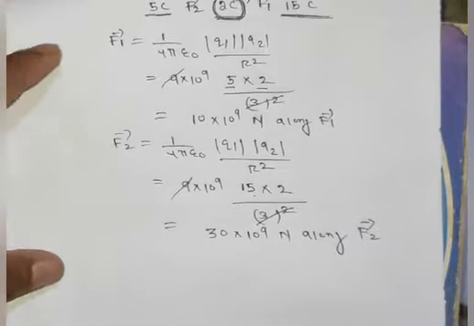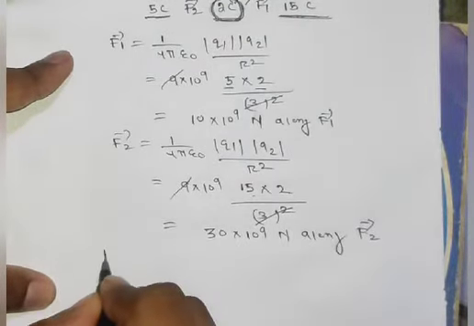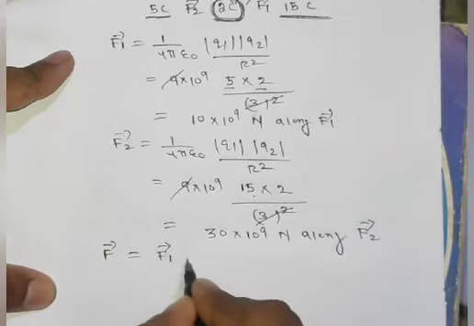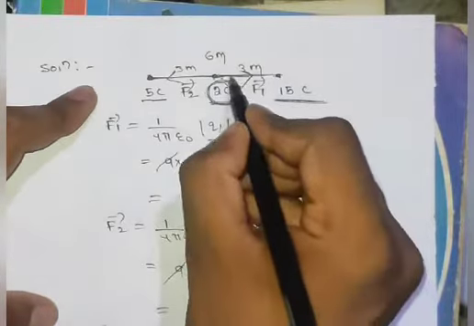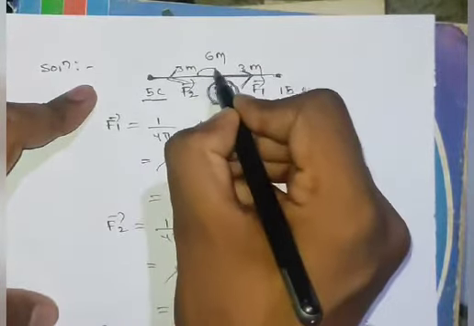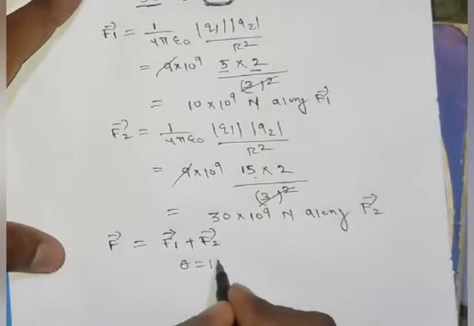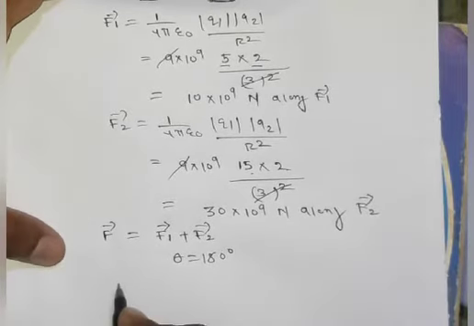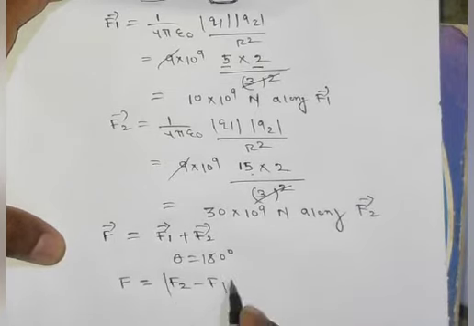Now we shall find the resultant force on this 2 coulomb. The resultant force on 2 coulomb will be the vector sum of F1 and F2, and the angle between the F1 vector and the F2 vector is what? 180 degree. So theta here is 180 degree, and we know that for theta equal to 180 degree the resultant force will be the subtraction of the two vectors, that is modulus of F2 minus F1.